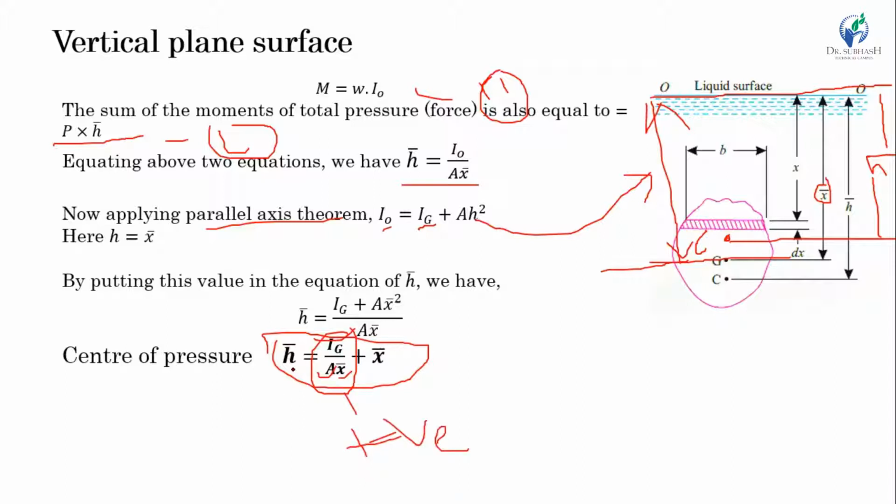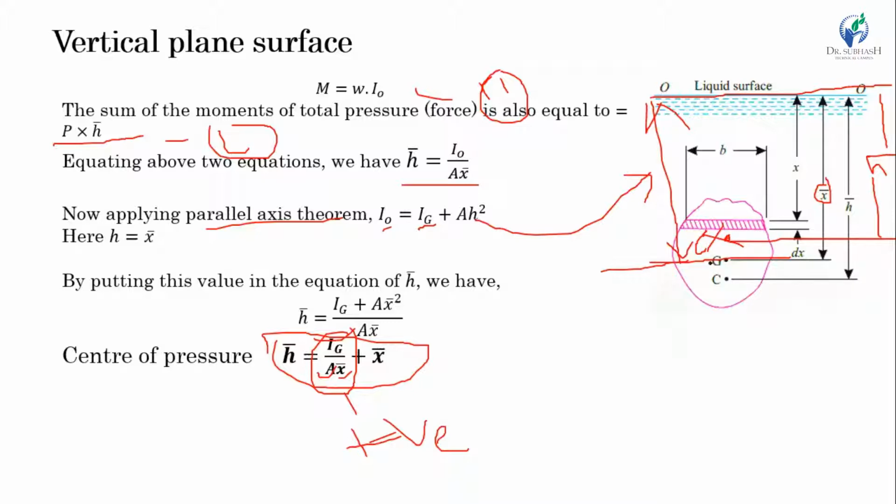So h bar is nothing but a positive value plus x bar. So you can say the value of h bar is always greater than x bar. And so from these two assumptions, the upper assumption is wrong, and hence we can say the center of pressure is always below the center of gravity for any vertical surface.